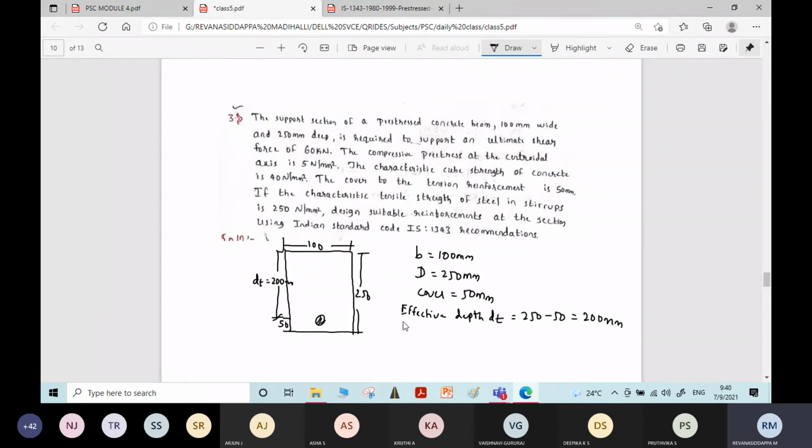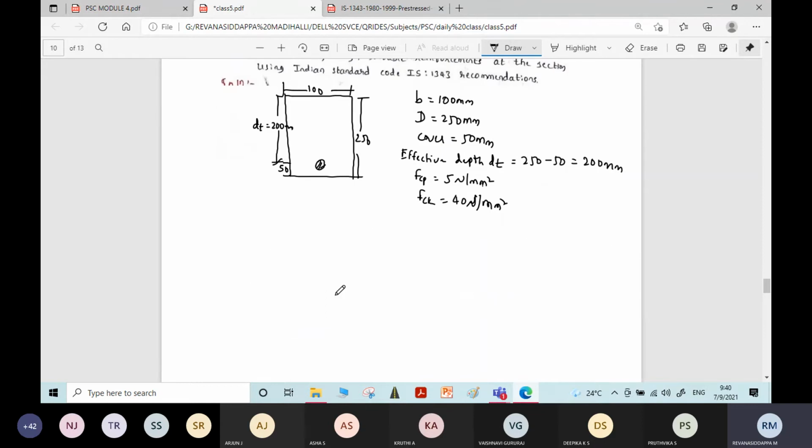FCP is equal to 5 Newton per mm square. FCK is given as 40 Newton per mm square. If FCK is known, you can find FT.